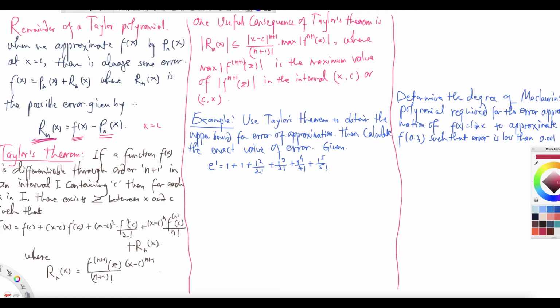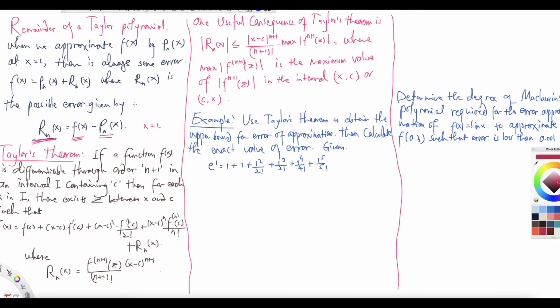Now there is a theorem for the Taylor's polynomial, or the Taylor's remainder. What it says is, you can find out how big the error can be.